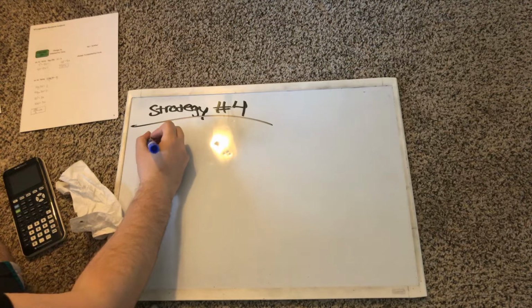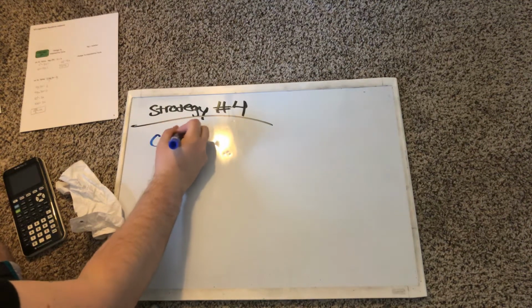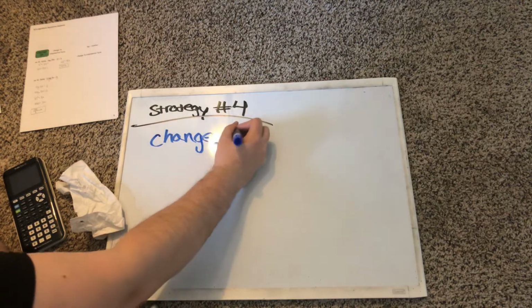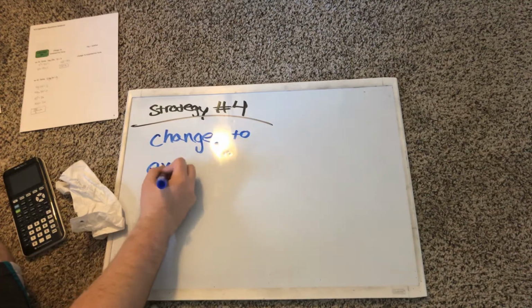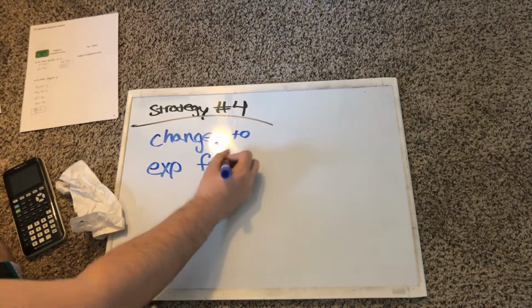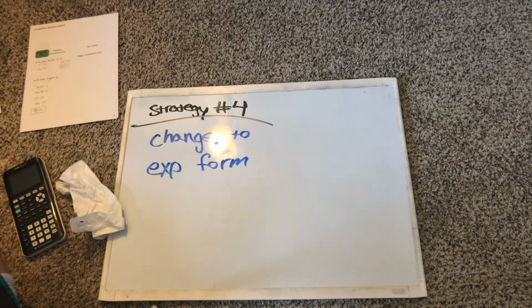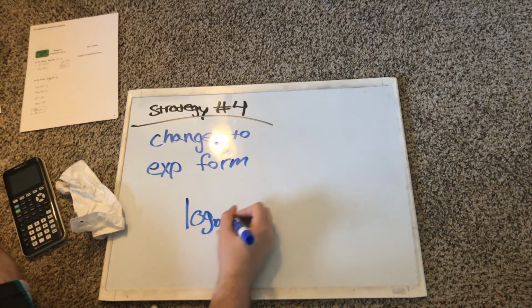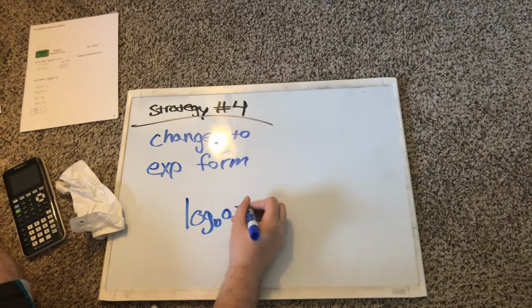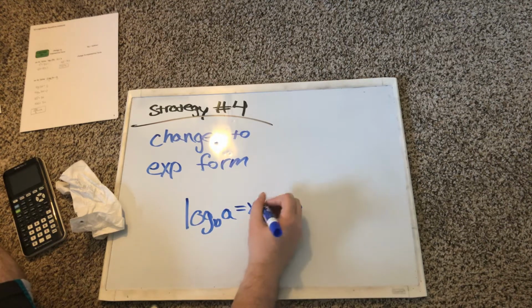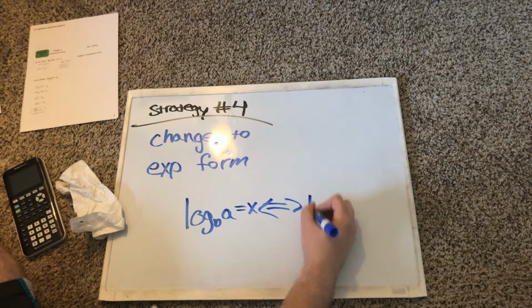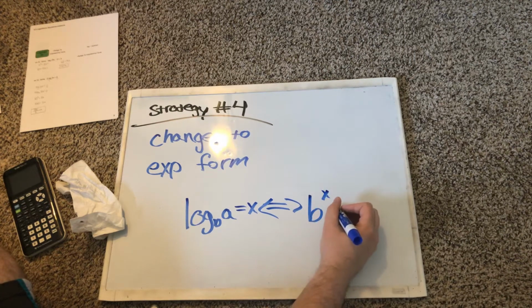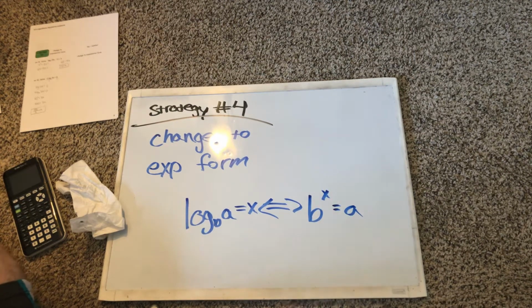So strategy number 4 is we're going to change to exponential form. So if we remember, log base b of a equals x, we can change forms and have b raised to the power of x is equal to a. So just a quick reminder of that.